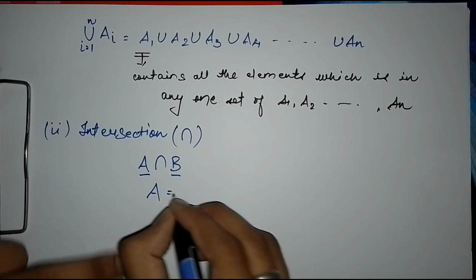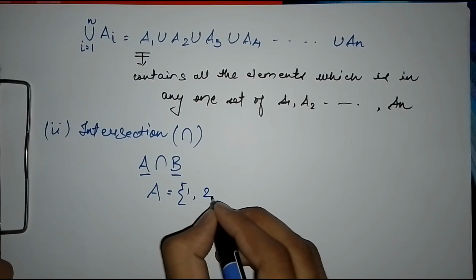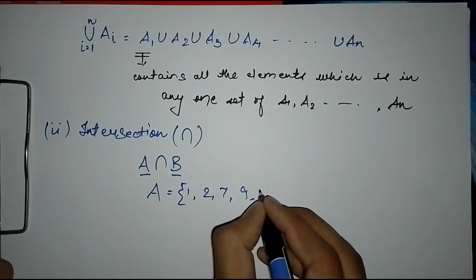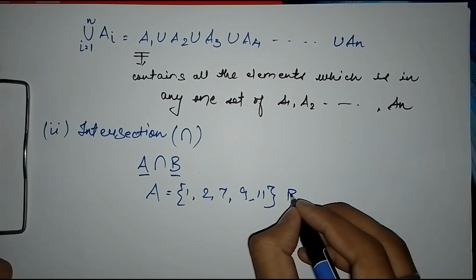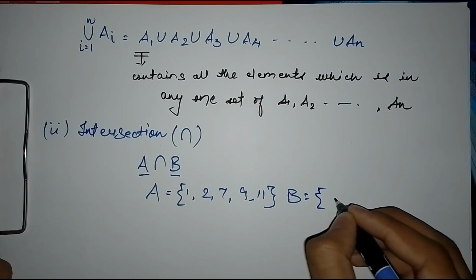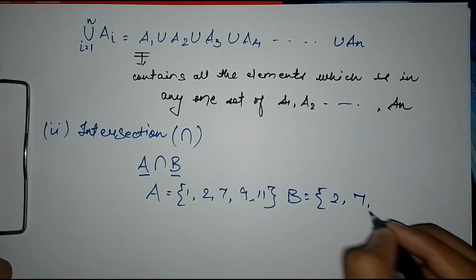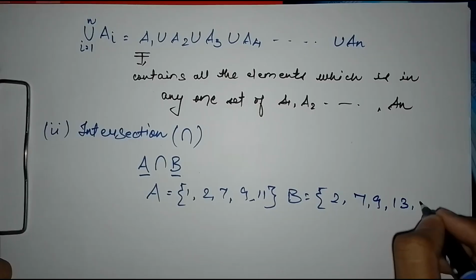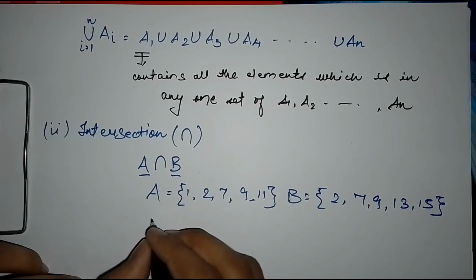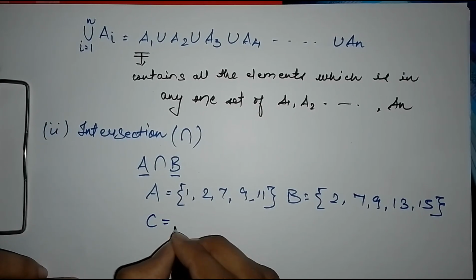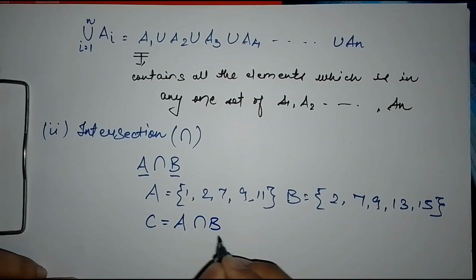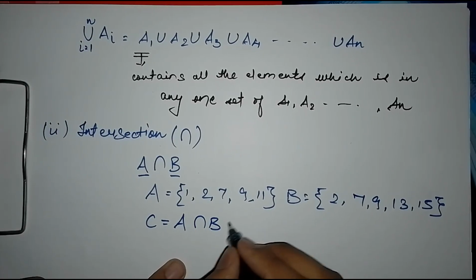Let A be a set which has elements 1, 2, 7, 9 and 11, and let B be a set which has elements 2, 7, 9, 13, 15. When I ask you to give me a set C which is A intersection B, what would this set C be?